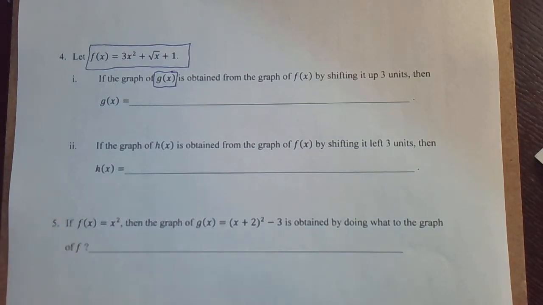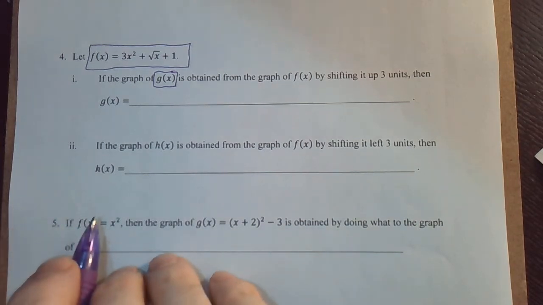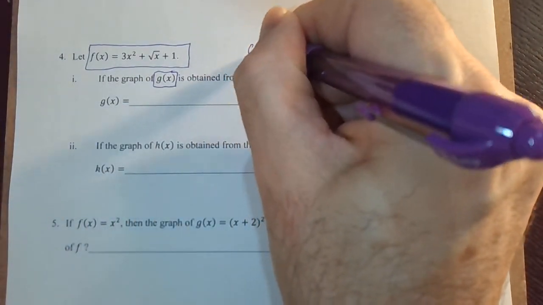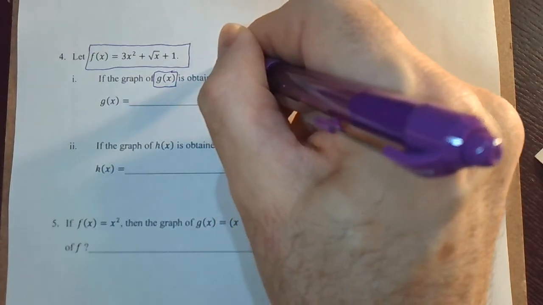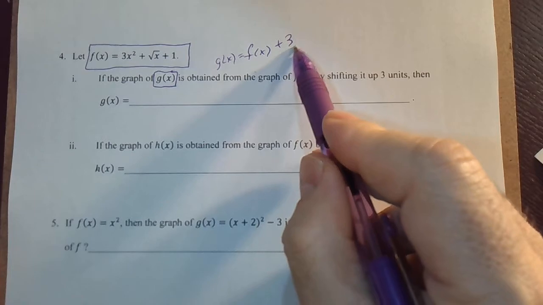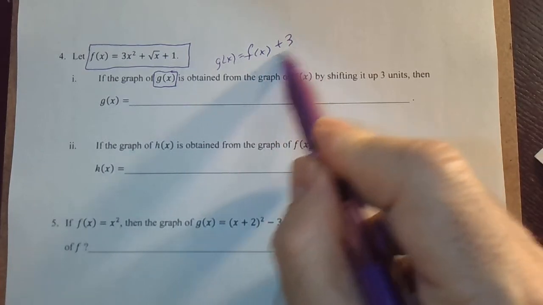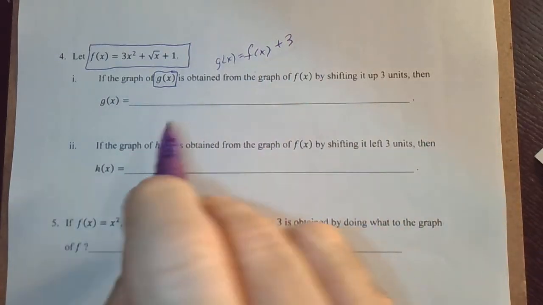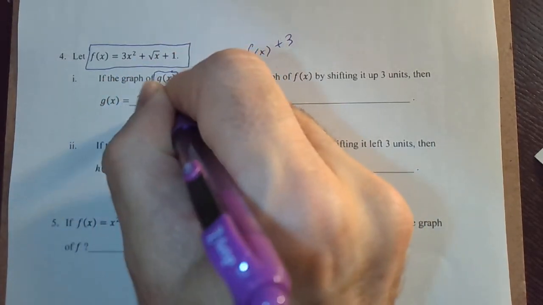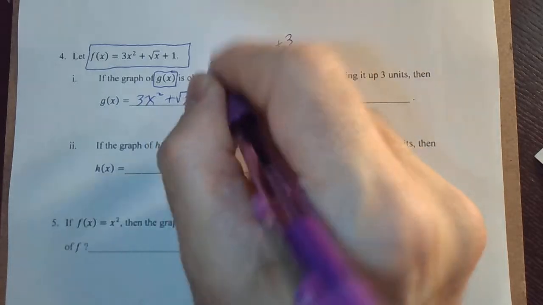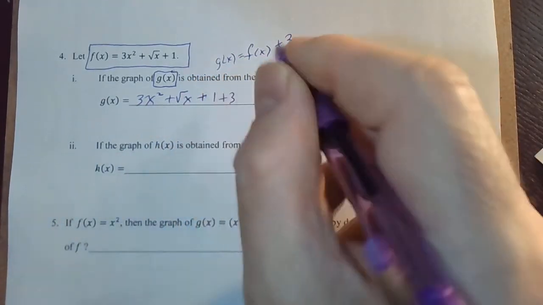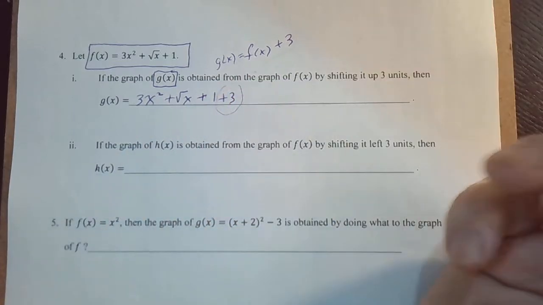Well, shifted up is from the previous video. So what I want is to just add 3. I want g of x to be equal to f of x plus 3. Remember, just tagging a number onto the end of it shifts it up 3. So this is going to be 3x squared plus radical x plus 1 plus 3, just so it's very obvious what we did.